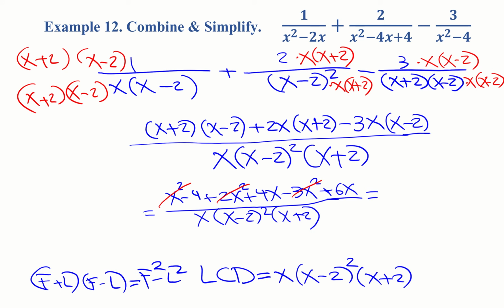And we notice that 4x and 6x give us 10x. So we have 10x, and then we have the minus 4, over x times x minus 2 squared times x plus 2.